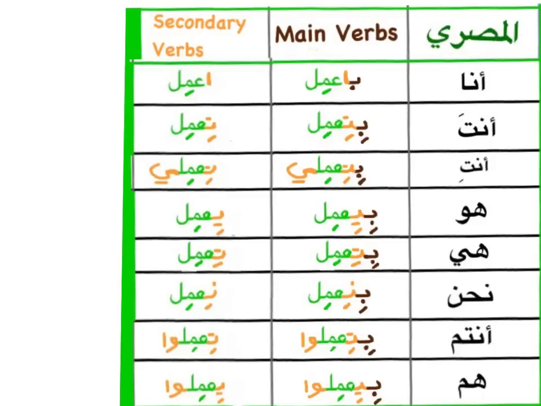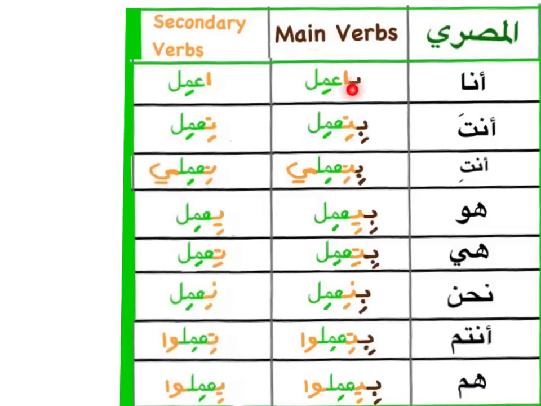And on this chart, we have the use of mudara in Masri. Notice that in Masri, you have what we call main verbs and secondary verbs. And the distinction is main verbs in the sentence have ba in them, as in أنا بعمل, أنت بتعمل.